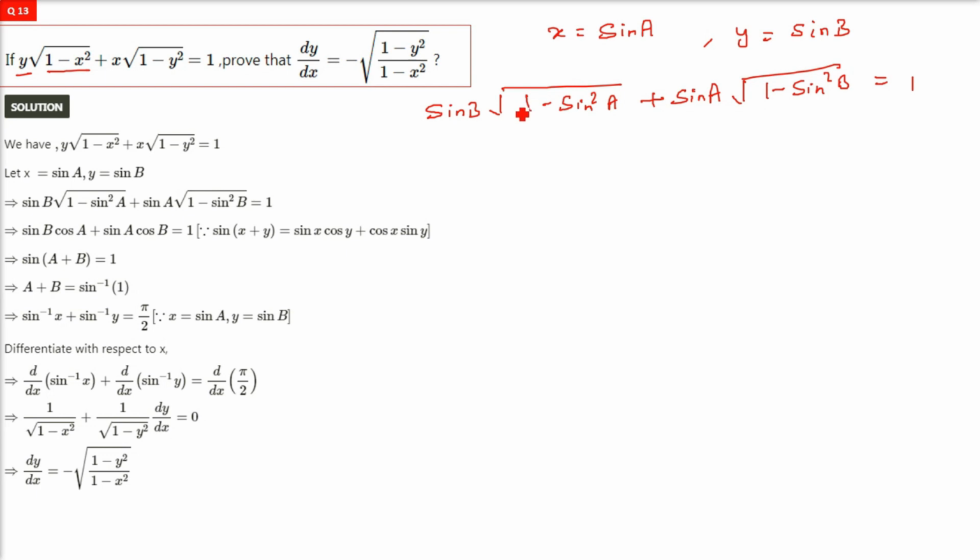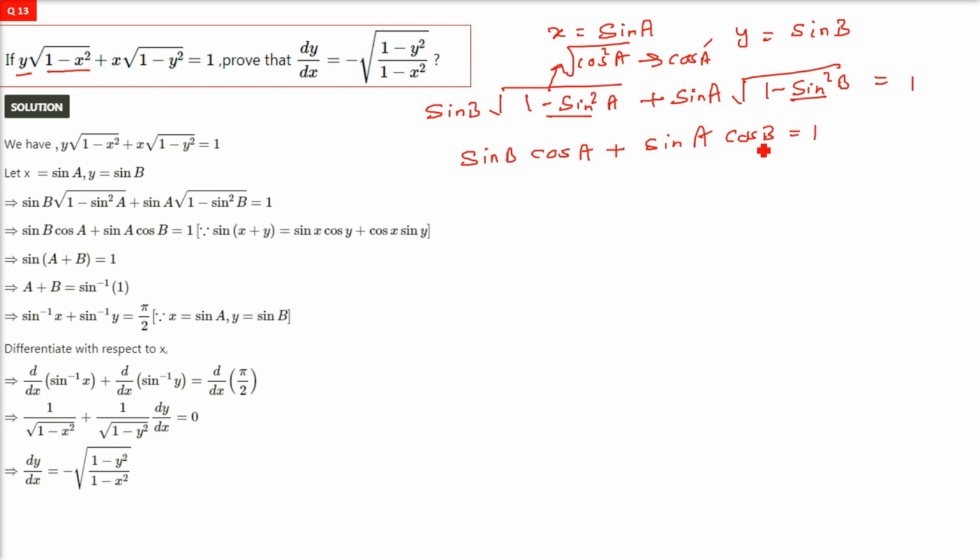So let us resolve it and then we'll do the actual differentiation. 1 minus sine square A is cos square A, under root cos square A is cos A. So sine B cos A plus sine A, and 1 minus sine square B is cos square B, under root cos square B is cos B. So it is equal to 1.